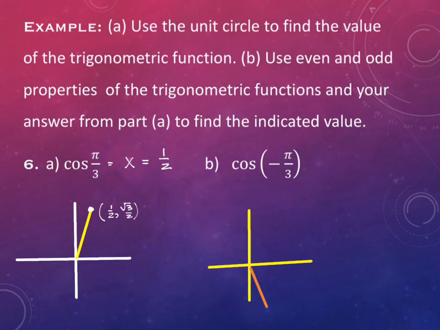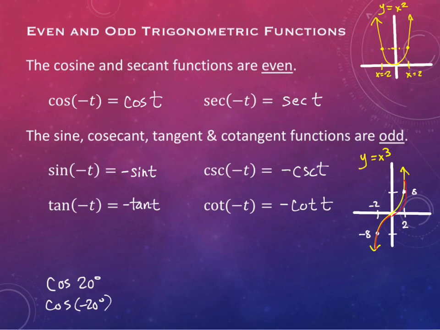There's nothing wrong with that, and I won't know if you did that, right? Like, there's nothing here that says, if you did that, you're doing it sort of wrong. That's not really what the directions are wanting us to think about, though. They're wanting us to think about even and odd properties, and the reality is it's easier to do so. So cosine is an even function. The even functions have the property that whether the inside's positive or negative, I get the same cosine value.